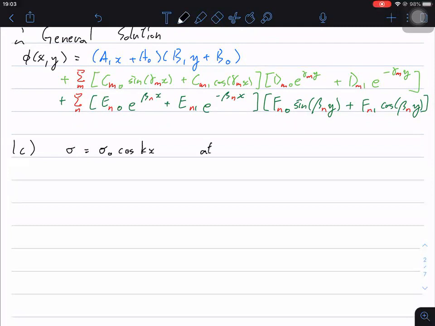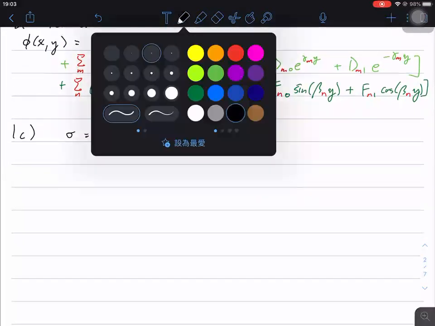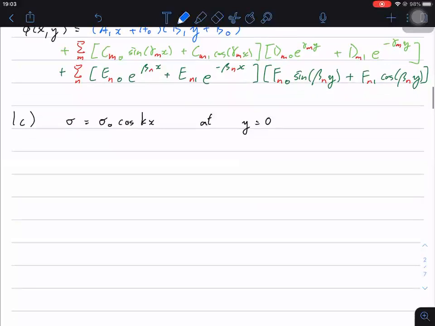And this plane is located at y equals 0. So the very first thing for solving the Laplace equation is to write down the boundary condition.